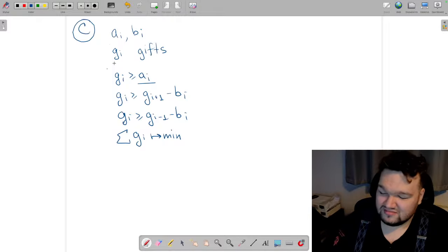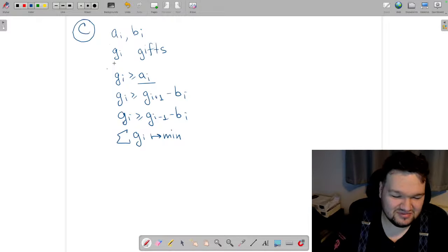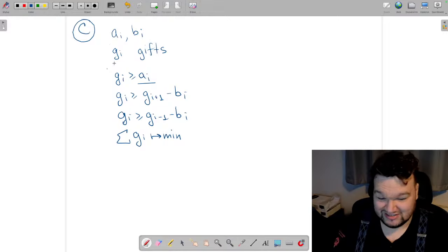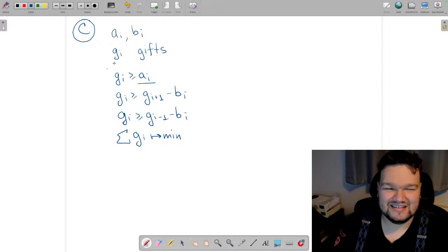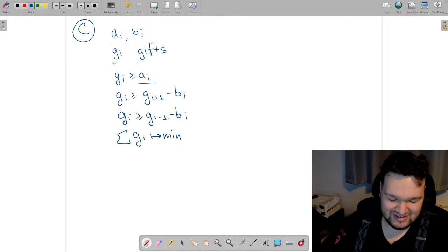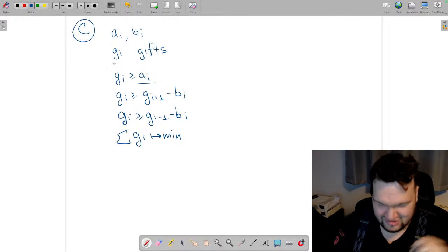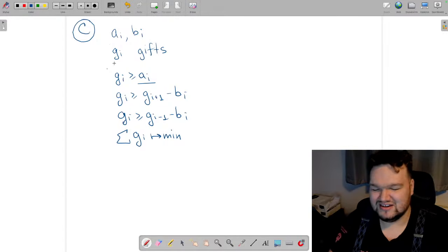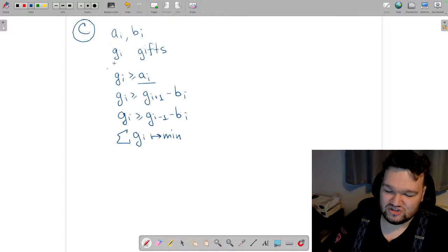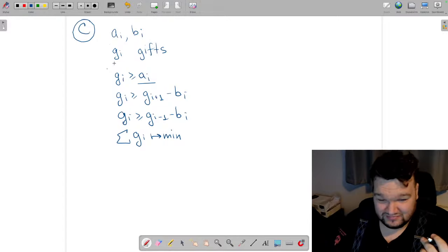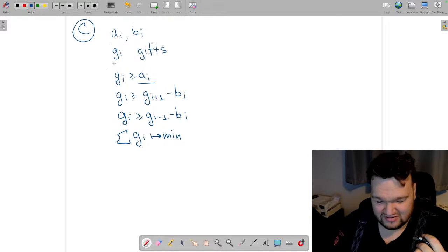That will work, and it will work in O of n actually, but it is not easy to understand why there wouldn't be a long sequence of creating new events and then giving more gifts that will create new events and so on. I mean, there can be such long sequences, but the total number of events will be linear.